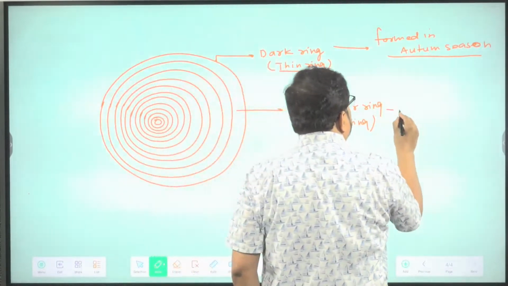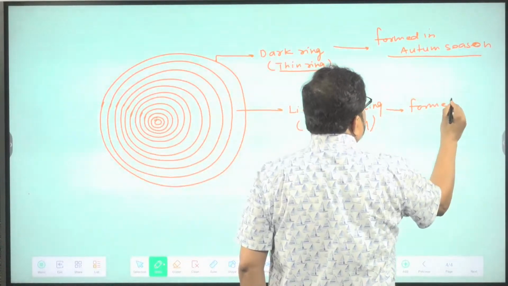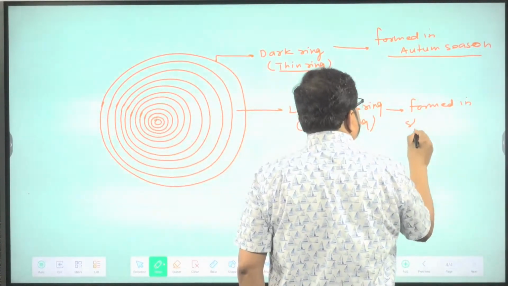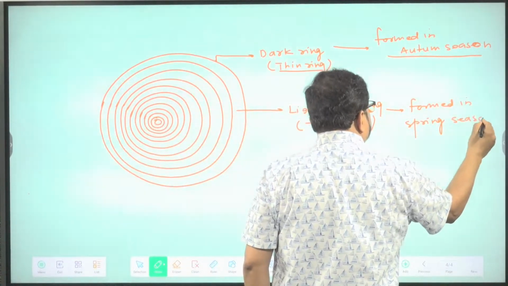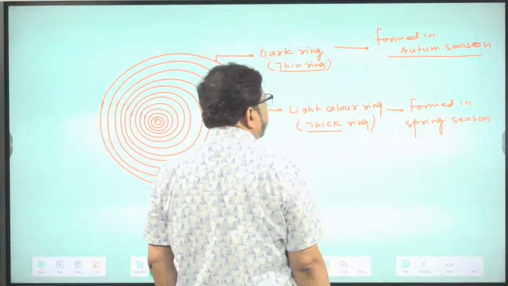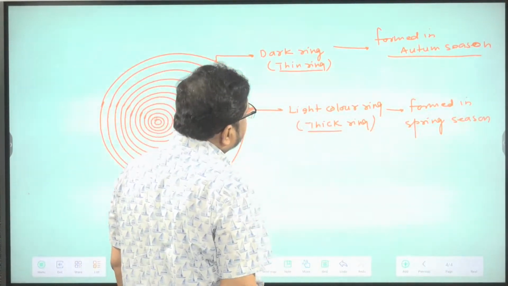And the light color ring is formed in spring season, and that is the reason more activity is there, so this is a thick ring, but it is a light color ring. Color is light, but thickness is more.